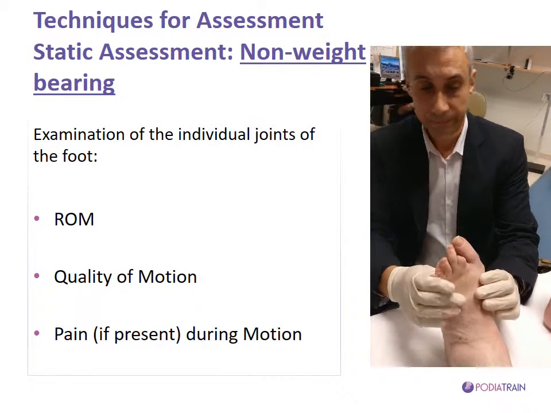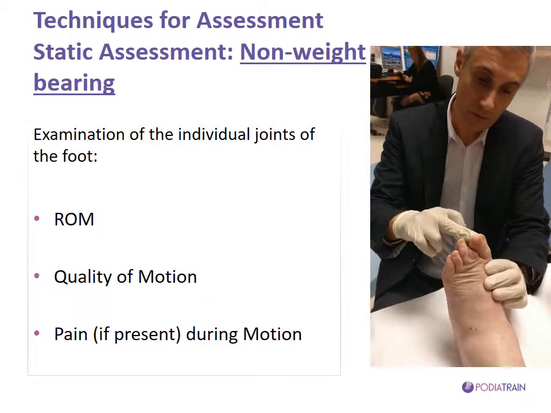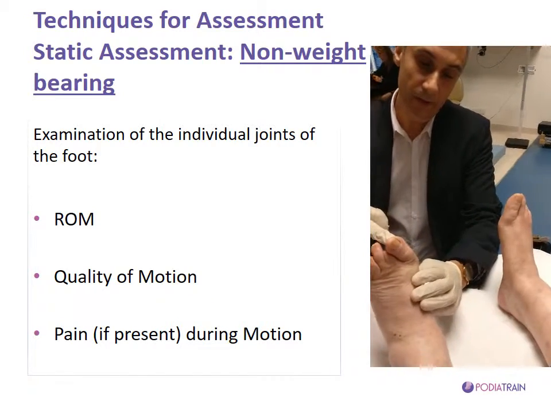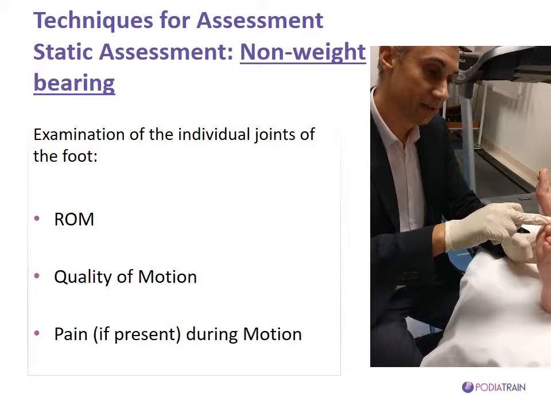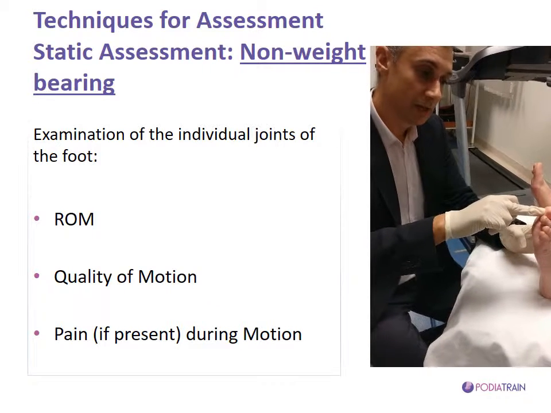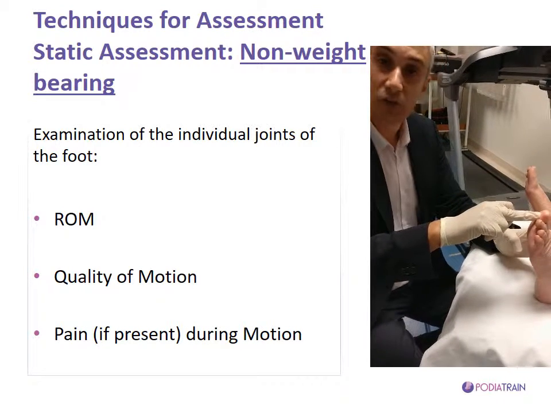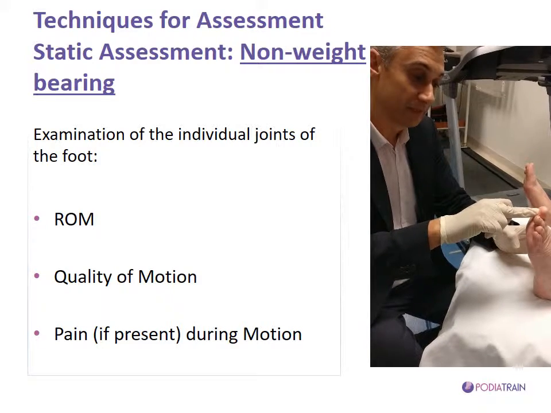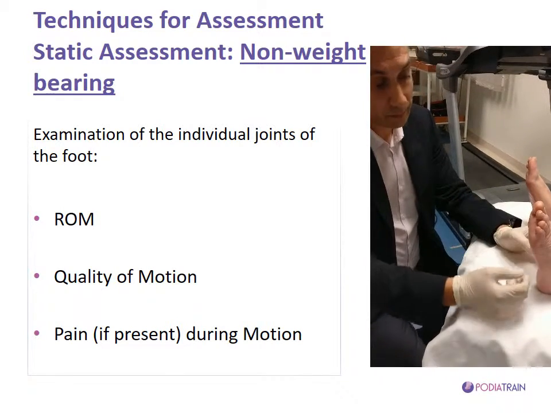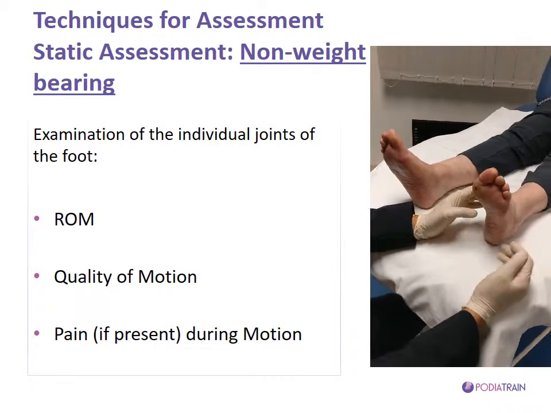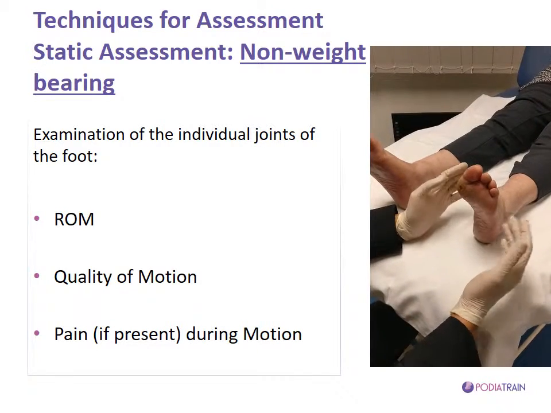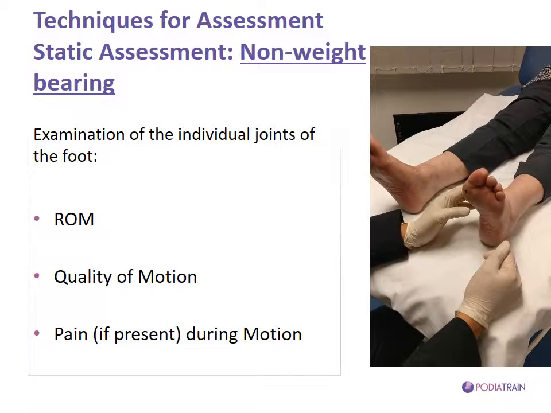Following that, we need to test for movement within the first metatarsophalangeal joint by dorsiflexing the hallux. And we can say that there is hallux limitus, definitely. So assessing plantar pressures would be an important factor for treatment for this ulcer.